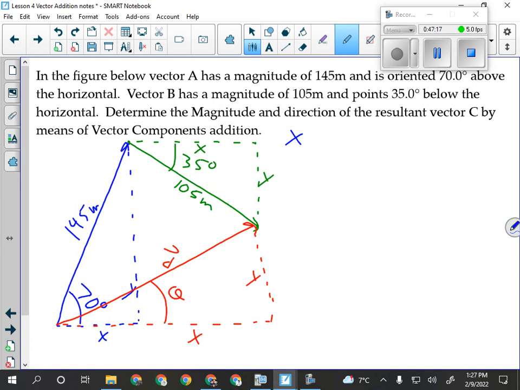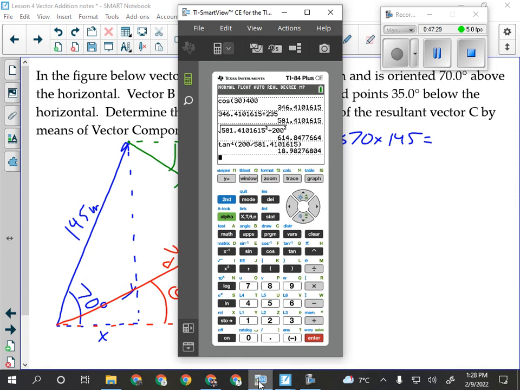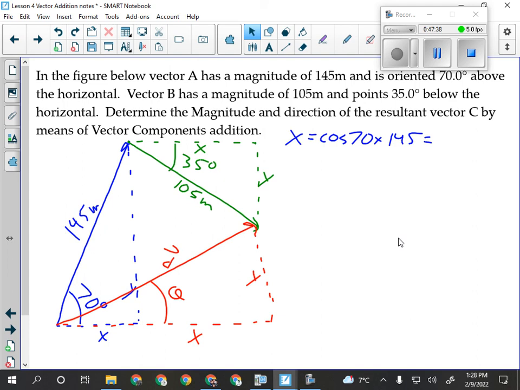So blue x on this diagram is the adjacent side to the 70-degree angle. So that's going to mean cos of 70 times 145. Okay, so that's 49.59 meters, and that is not east, but it's positive because they tell us it's horizontal and vertical.